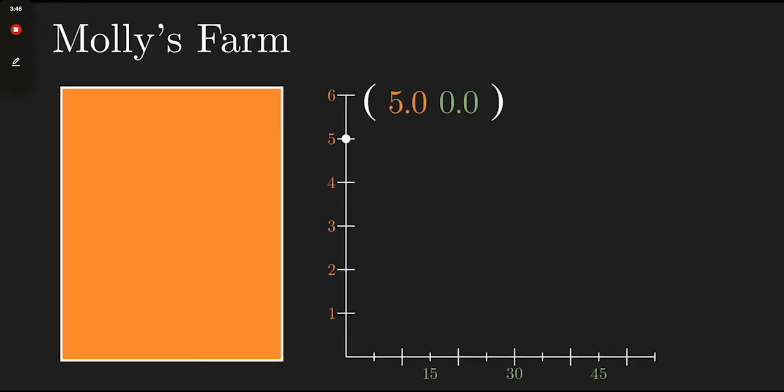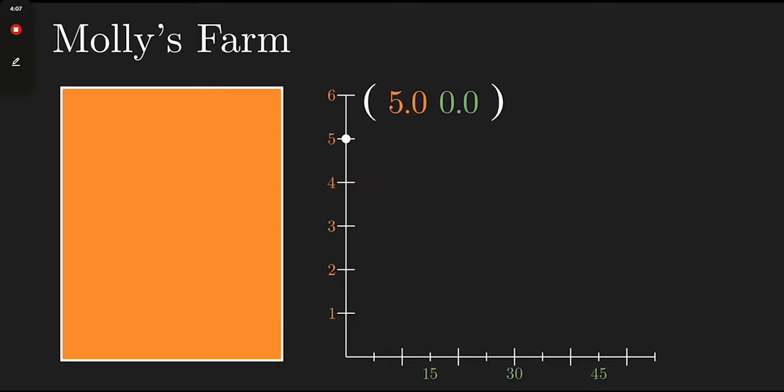Okay, so one way of representing Molly's farm and this fundamental trade-off is with a graph. So we have X and Y, and I wouldn't recommend, like I've done here, leaving off the units. It's a rookie mistake.